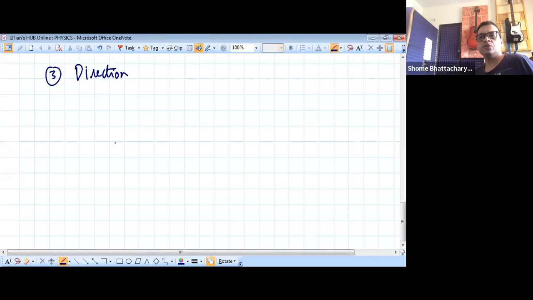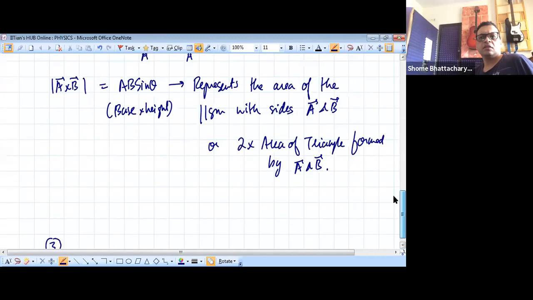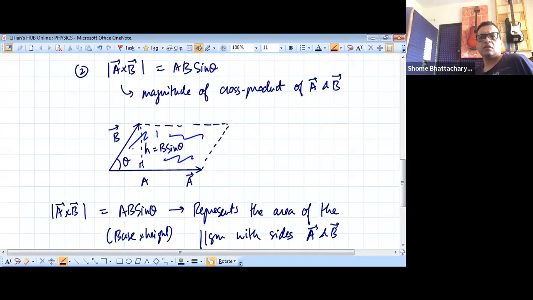I'm waiting for your point. What triangle? Where did I draw a triangle? I drew a parallelogram. How much will the height be here? It will be B sin theta, right?